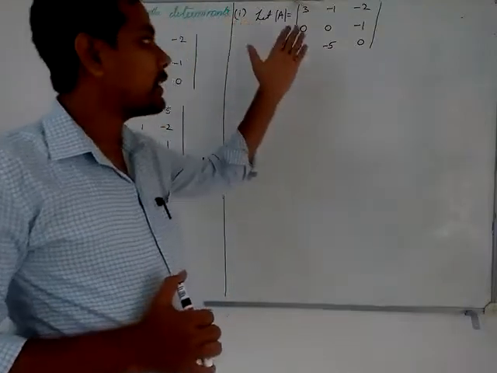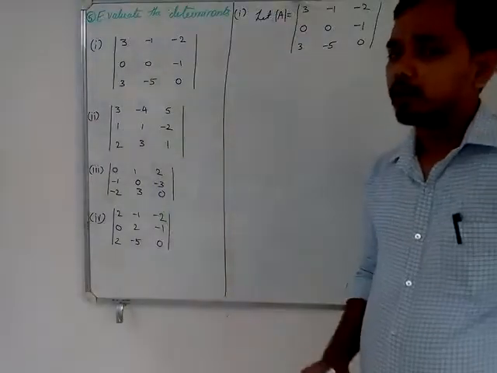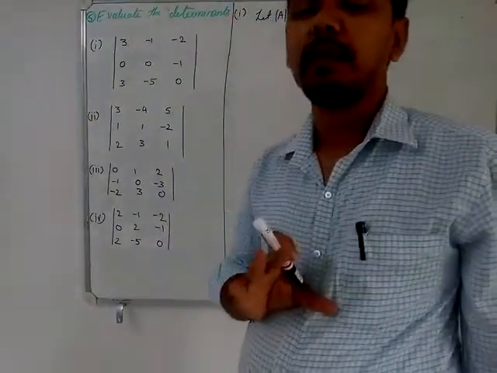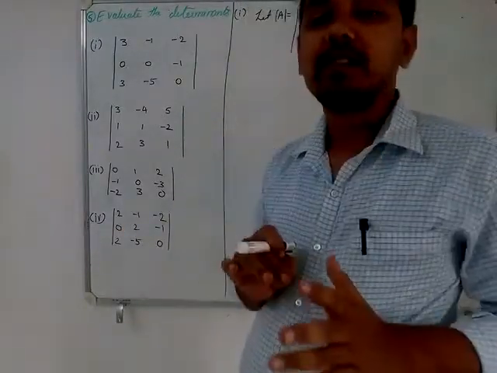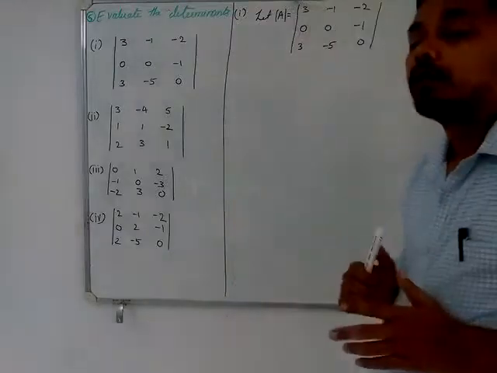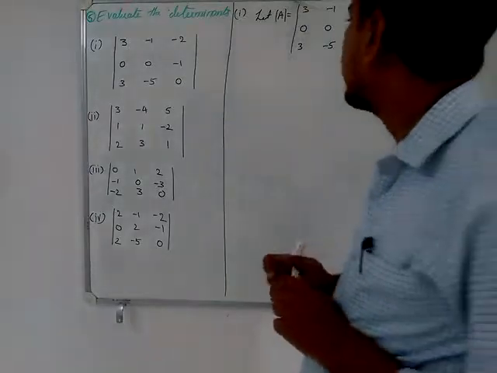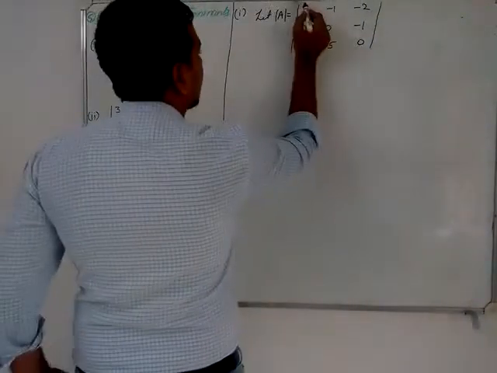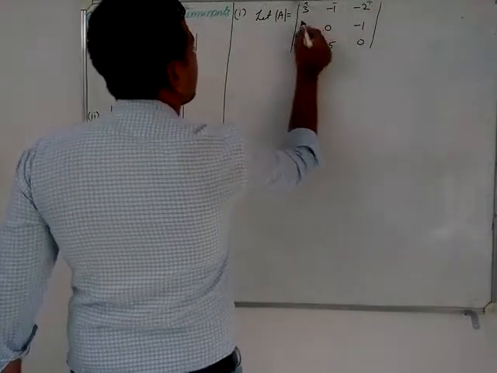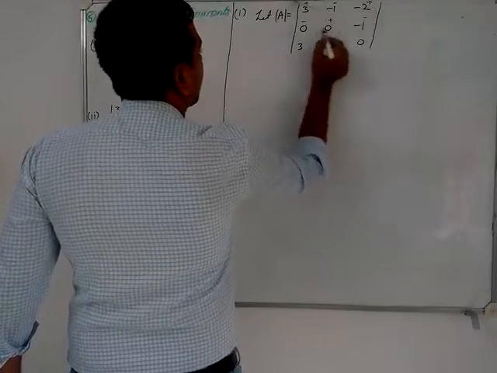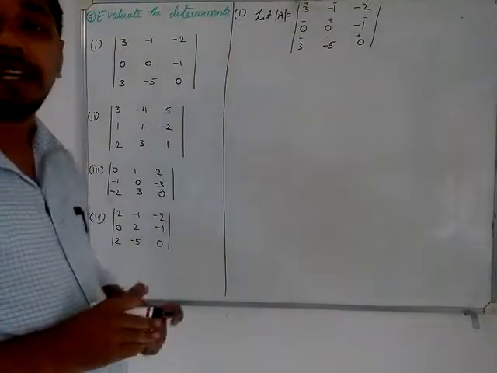If you expand through any row or column, you will get the same answer, but to reduce our time it is better to select the one with the maximum number of zeros. What were the sign conventions? Plus, minus, plus, minus, plus, minus, plus, minus, plus. These are the sign conventions.